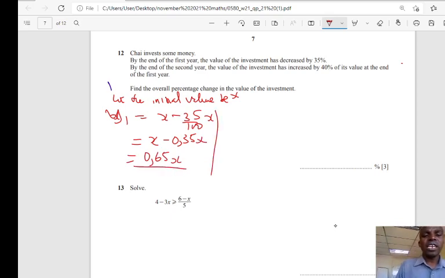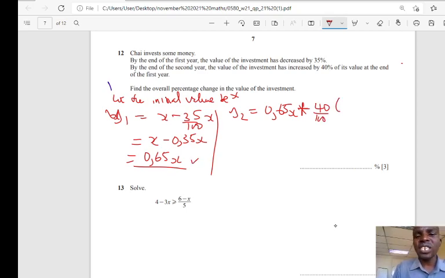Then now, at the end of year 2, the value of the investment is increased by 40% of its value at the end of year 1. Then you say year 2 value, it will be 0.65x. Now this one you are supposed to add because it's an increase by 40%. 40% of what? 40 over 100 of its value in year 1, which is 0.65x.